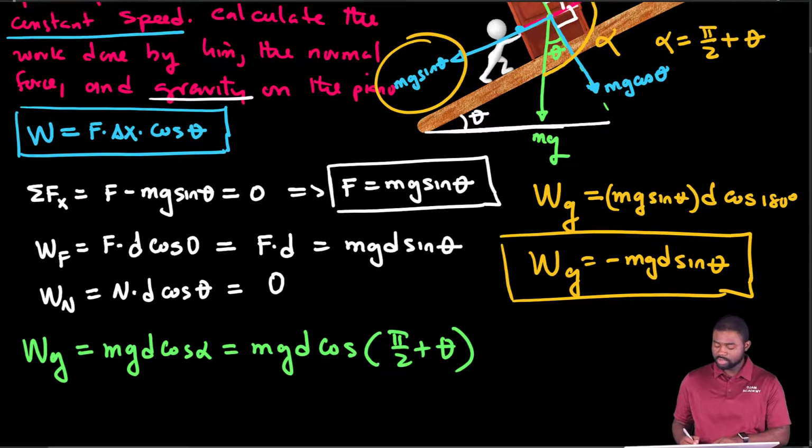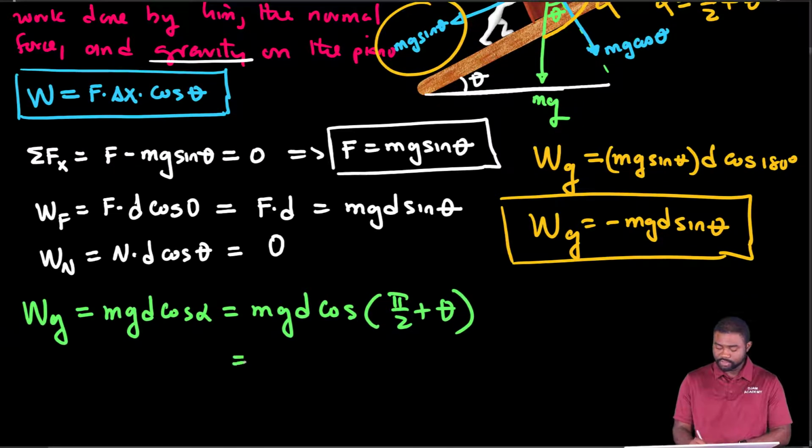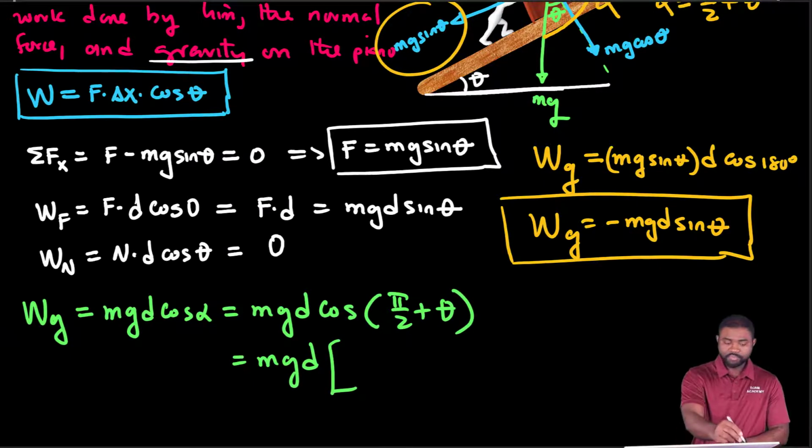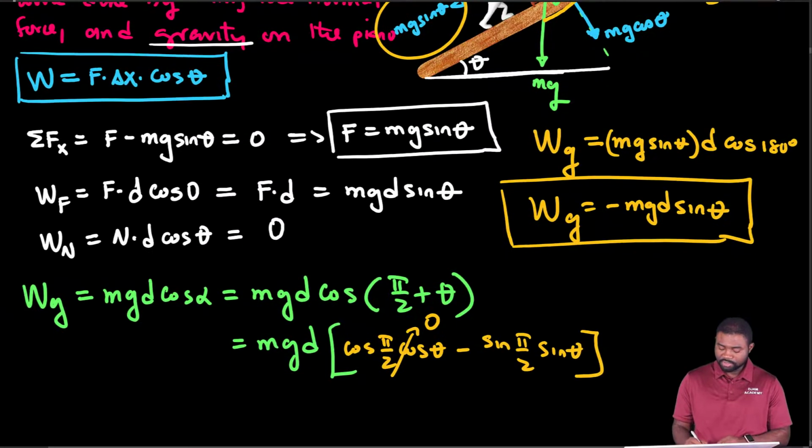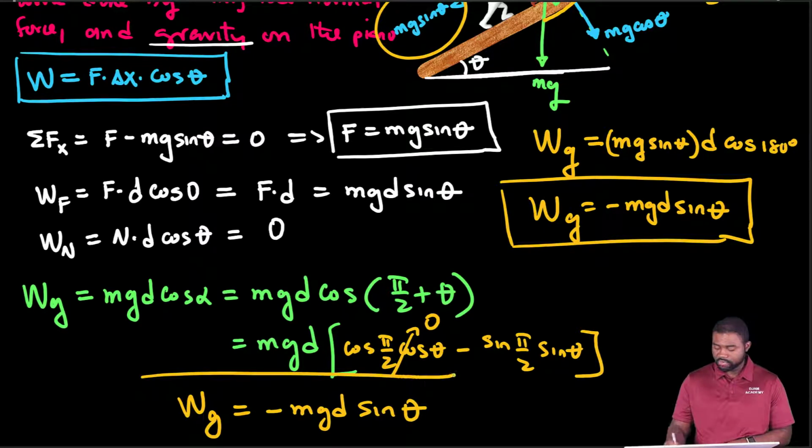This expression is equal to mgd times the bracket: cosine pi over 2 cosine theta minus sine pi over 2 sine theta. The first term is 0, and we are left with negative mgd sine theta. So this is the work done by gravity.